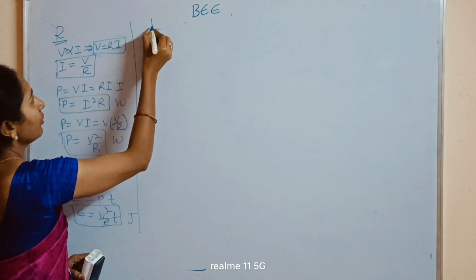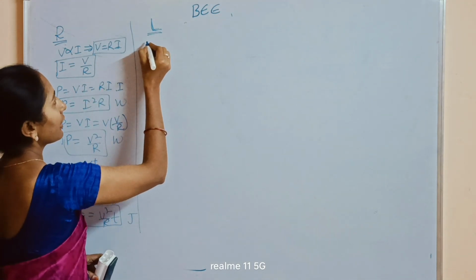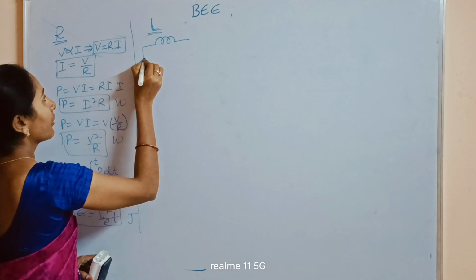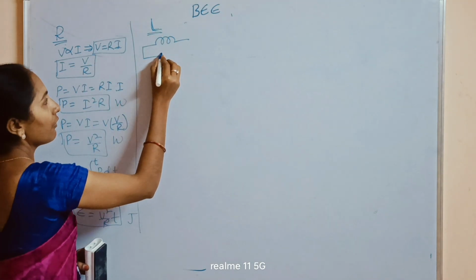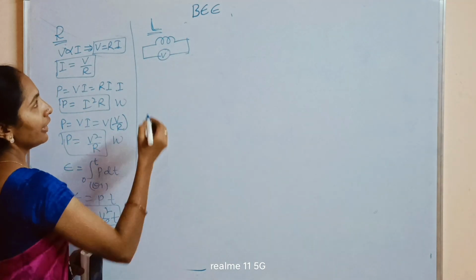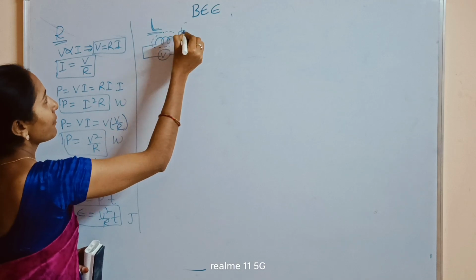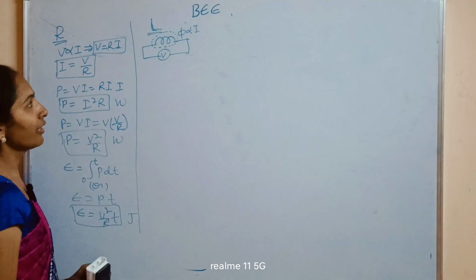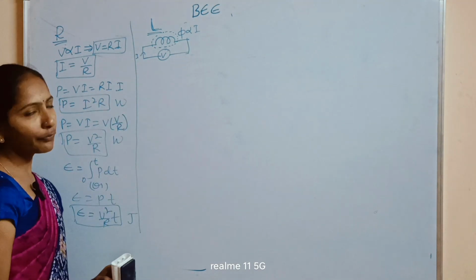For this inductive circuit, we can consider a twisting coil that exhibits inductive property. Now I am applying some voltage to this inductor. It produces some self flux, which is directly proportional to current. So now some current is flowing.